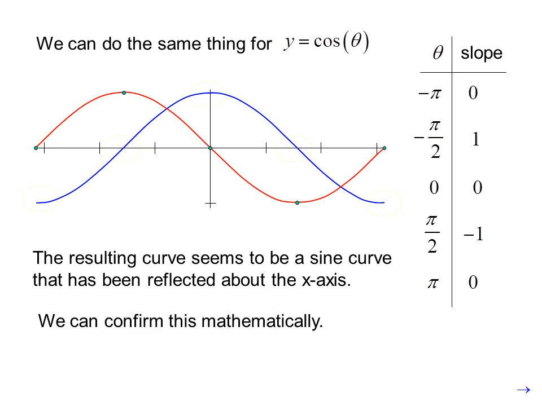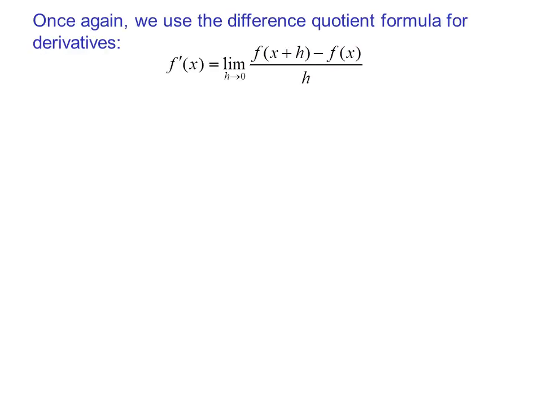We can confirm this mathematically. Once again, we use the difference quotient formula for derivatives. f prime of x equals the limit as h goes to 0 of f of x plus h minus f of x over h.